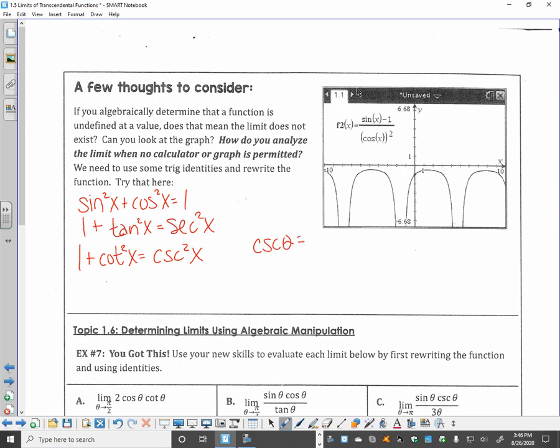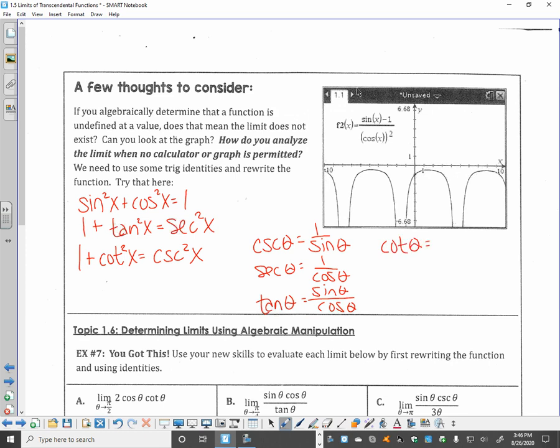That's not all. Cosecant is 1 over sine. Secant is 1 over cosine. Tangent, yes, it is 1 over cotangent, but it's also sine over cosine. Let's do cotangent.